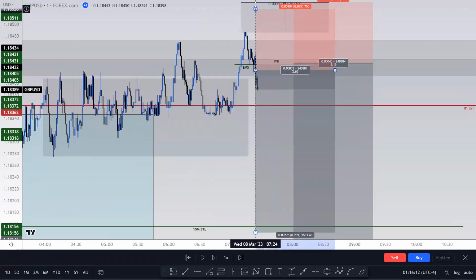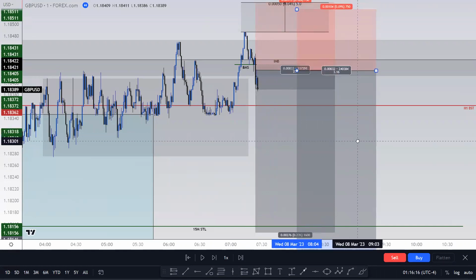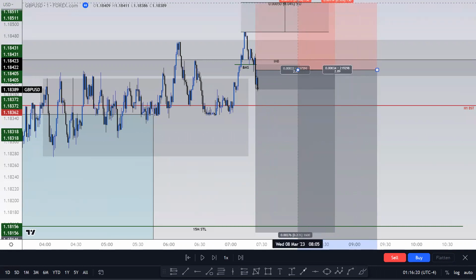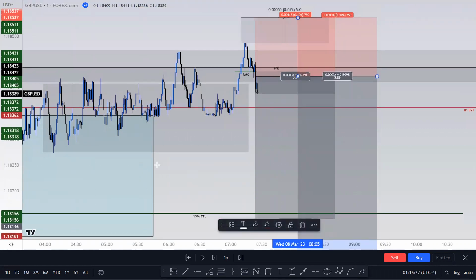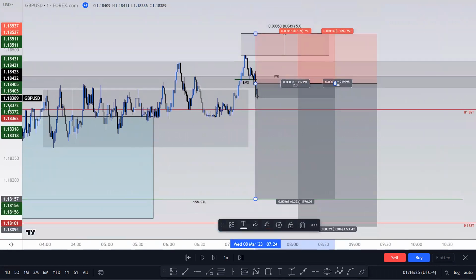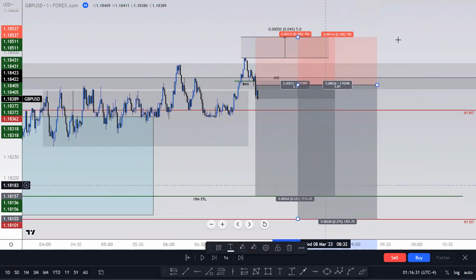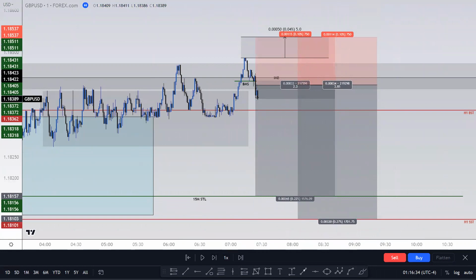Price leaves an imbalance. I'm just going to adjust my levels to where the optimal entry area is. So the optimal entry point is the imbalance.